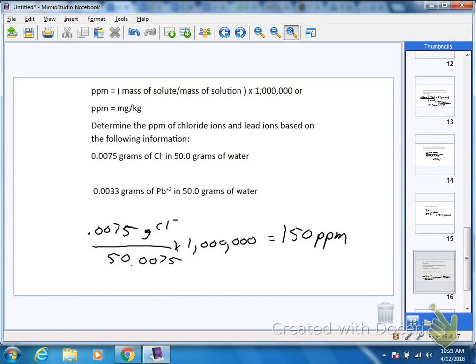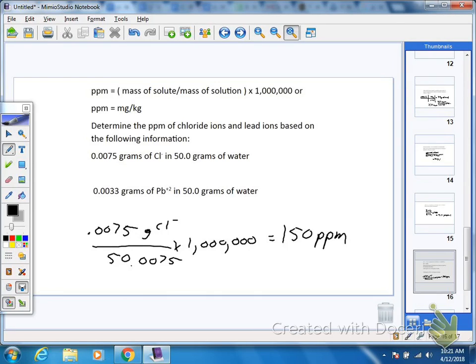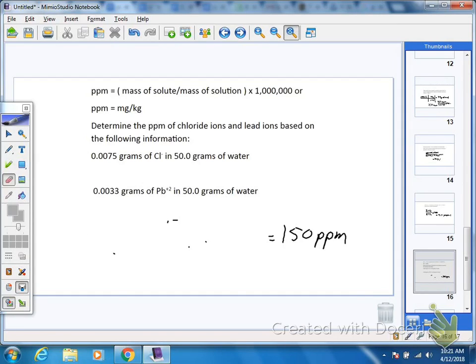Go ahead and do the next one if you did that one wrong or didn't get it figured out. So the next one, what's the parts per million? 66.